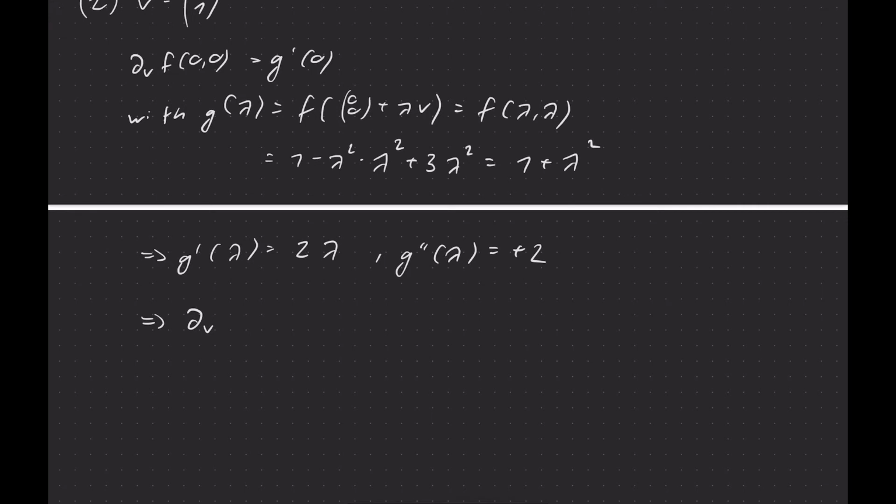So what we get is dv of f at 0, 0 is 2 times 0. So that's 0. Again, a stationary point, also along that line. And let's also consider the second directional derivative at 0, 0. Then what we get is just 2.